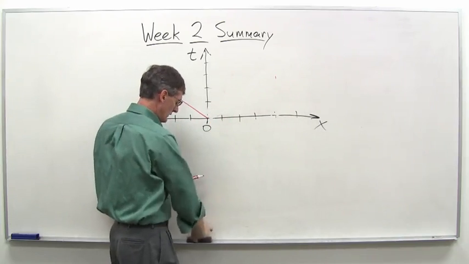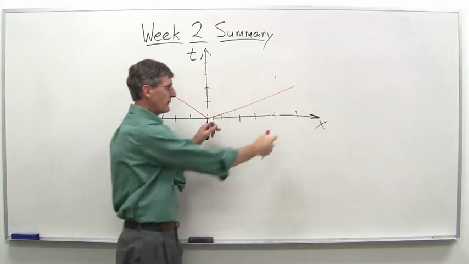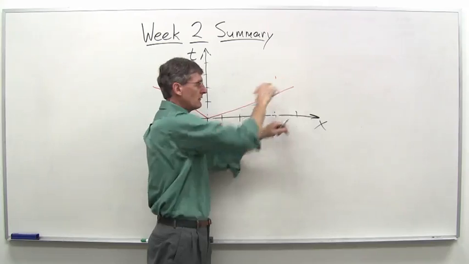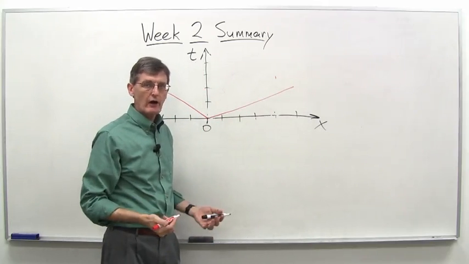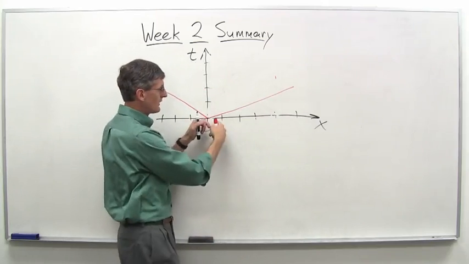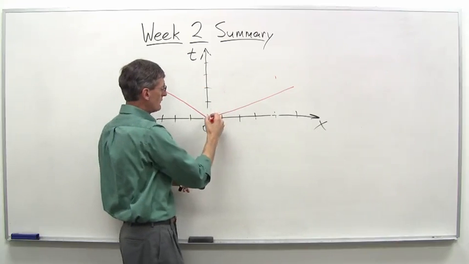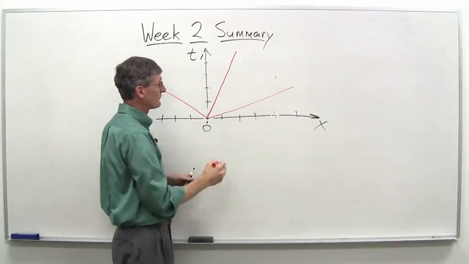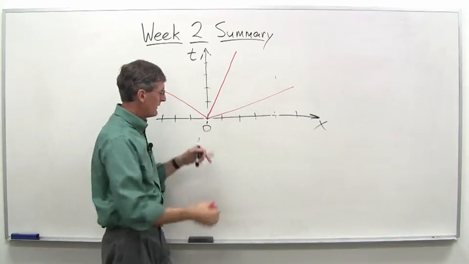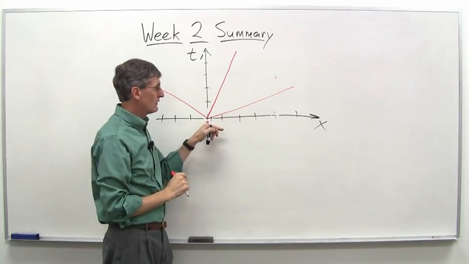And we talked about velocity being the run divided by the rise. So if we have a world line like that, that's a big run divided by a relatively small rise. That's a high velocity object. It covers a lot of distance in a relatively short amount of time, versus a world line for an object like this, lower velocity. It covers less distance in a bigger amount of time.